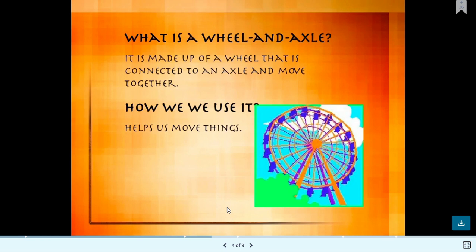When the axle rotates with the help of electricity, the wheel which is fitted to it will also start rotating. So this combination of wheel and axle is also a simple machine.